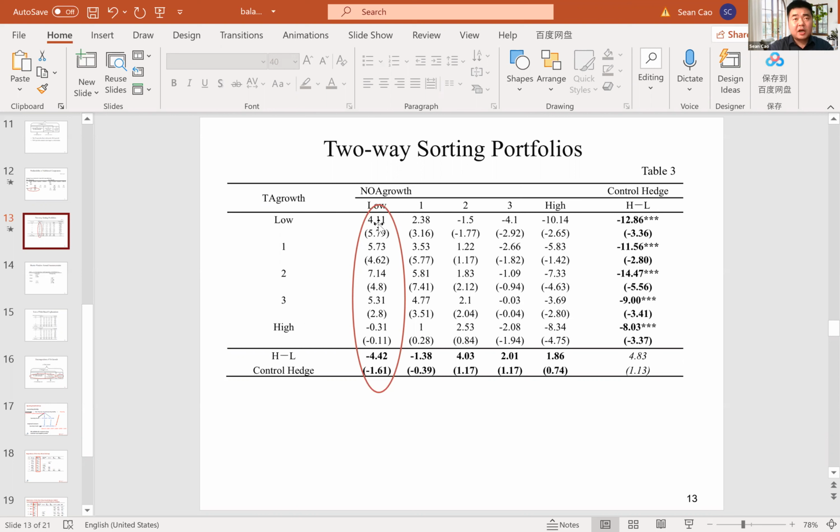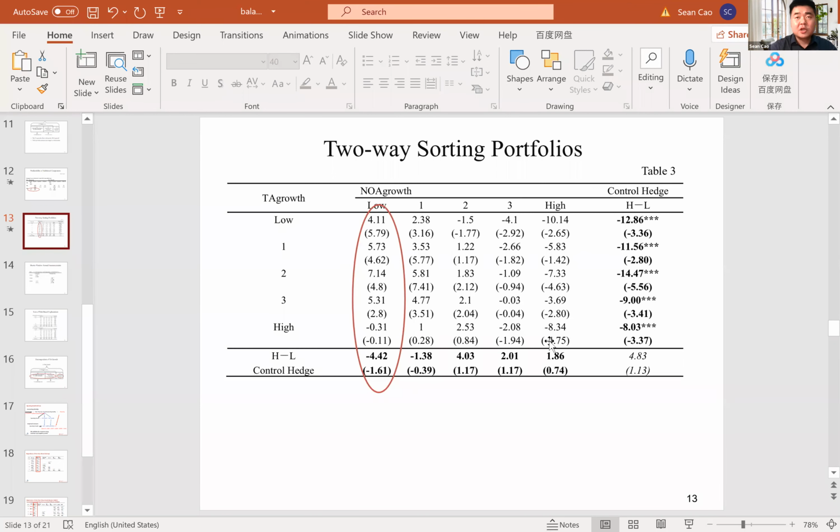Let's take an example here. What do the stocks in this cell mean? Stocks in this cell have low total asset growth and low NOA growth. That's the portfolio we have here. And this portfolio here is the stocks which have high total asset growth and also high NOA growth.